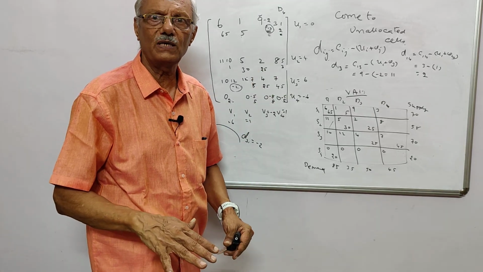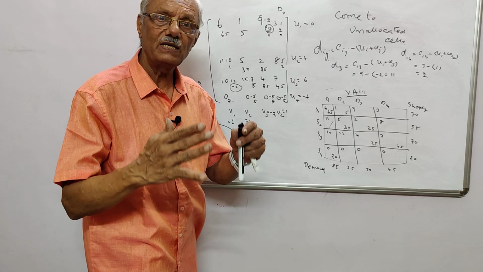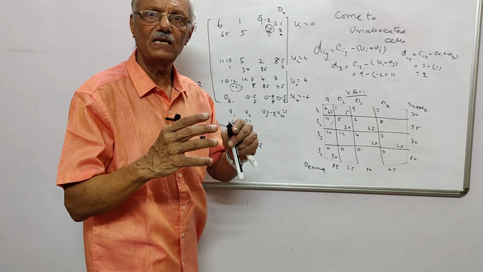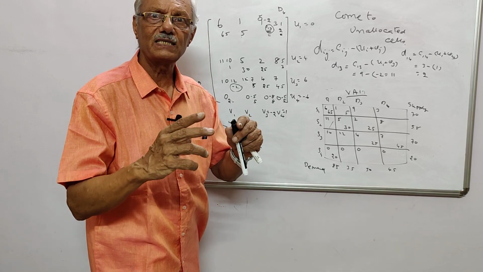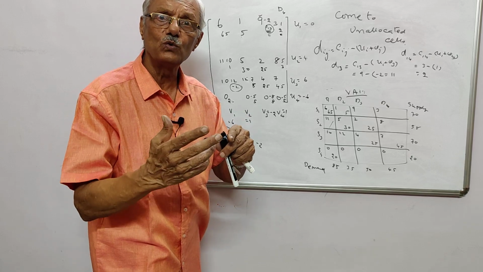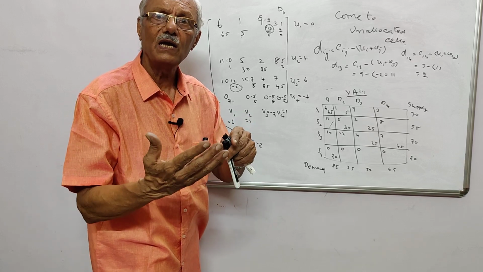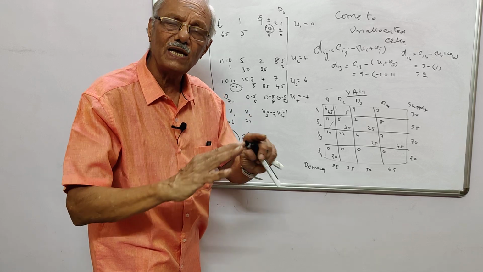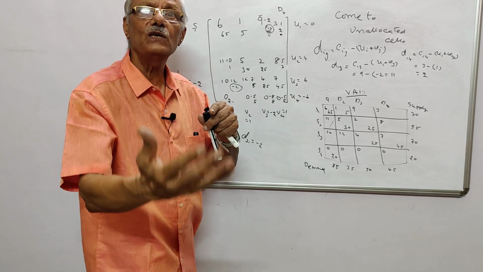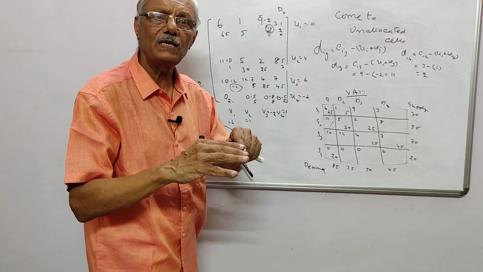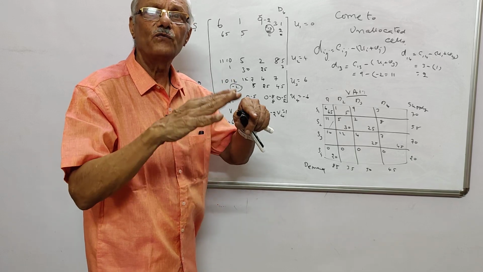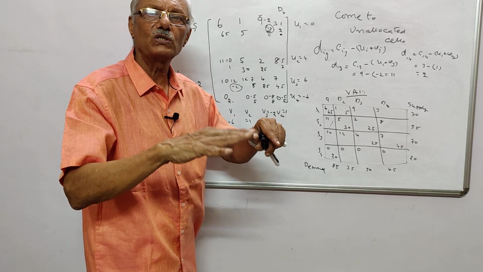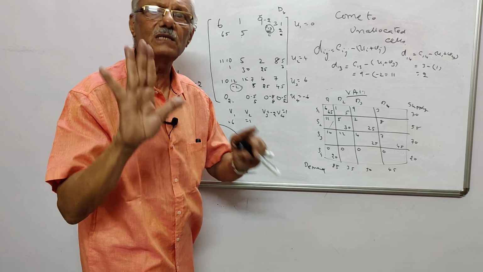Are you able to catch what I am telling you? So if you get a negative Dij in any one of the cells, it directly tells you why not go for reallocation and allocate to my cell so that there is a possibility for the overall cost to come down. So this is the meaning.